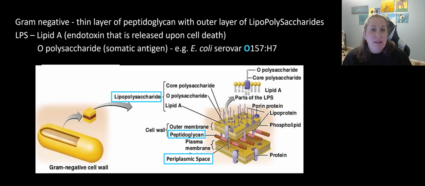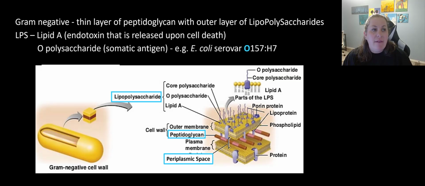We do see a lot of times that LPS, this lipopolysaccharide, is also going to have a lipid A component, and what's crazy about this is that this lipid A, when the cell dies, say your immune system destroys it or it dies, it releases this lipid A as an endotoxin, and it can still cause you to have symptoms and still feel sick, even though you've taken care and killed off the bacteria.